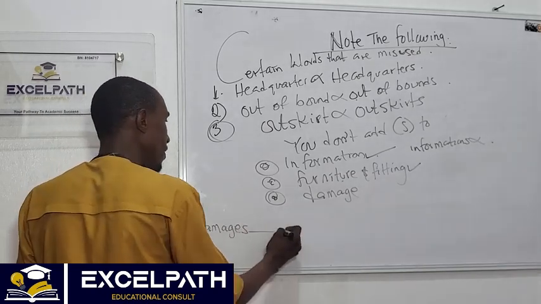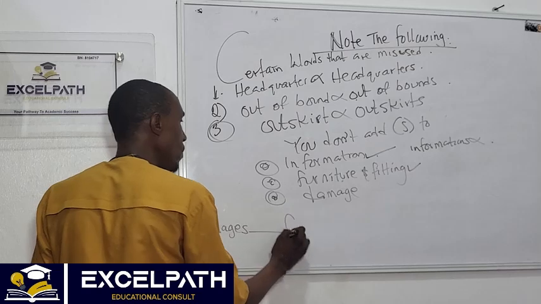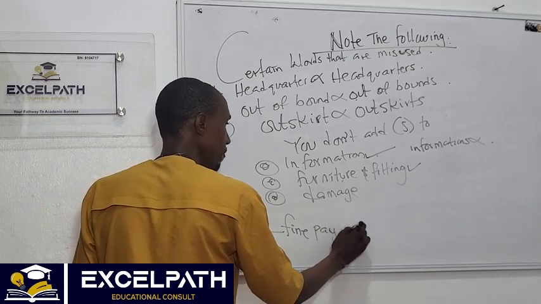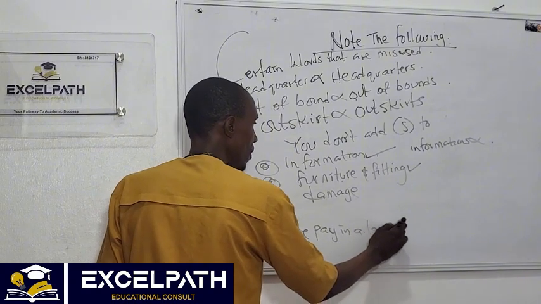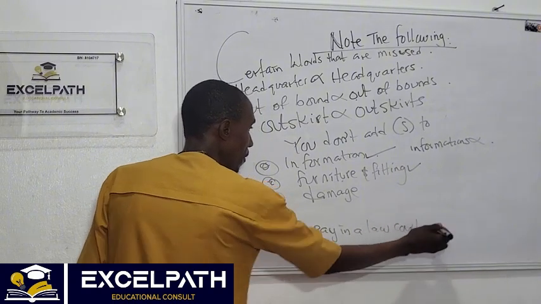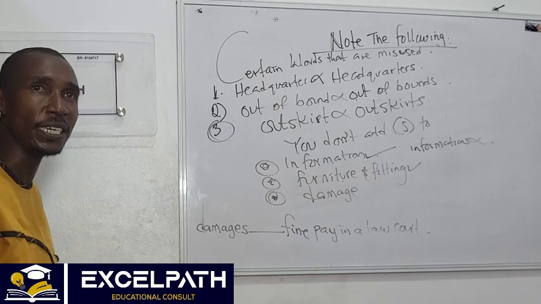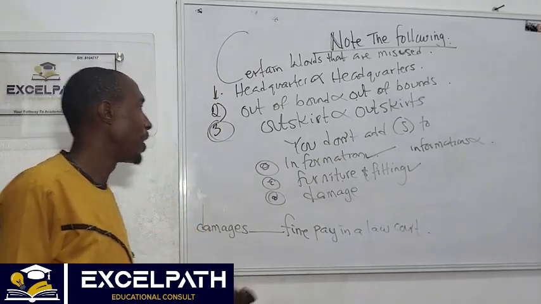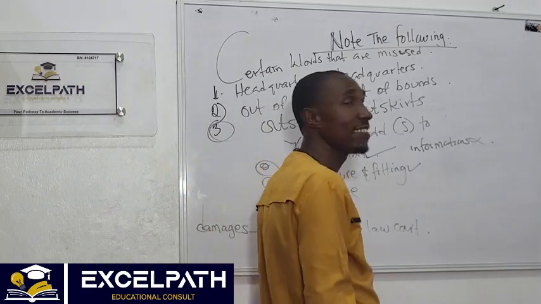And that damages means something else. It means a fine paid in a law court. It's just like a fine in money you pay. That's what damages means. So the plural of damage is damage.